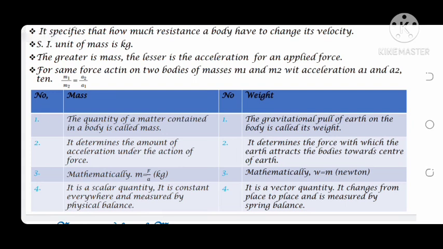When we say that a body has 5 kg, it means it is a mass. But in normal life, we say this is a weight. So it is necessary to differentiate mass and weight.